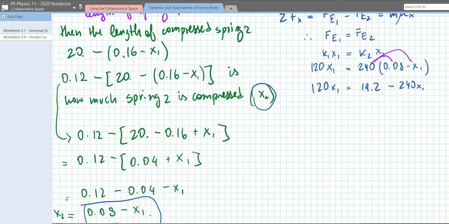We get positive, all right, added together, we get 360.